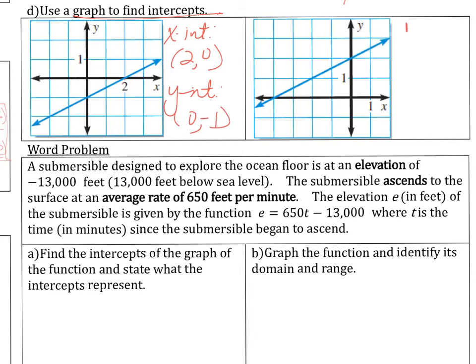For this one, x-intercept will be, if this is 1, -1, 2, 3, -4. Then the y-intercept, 1, 2.